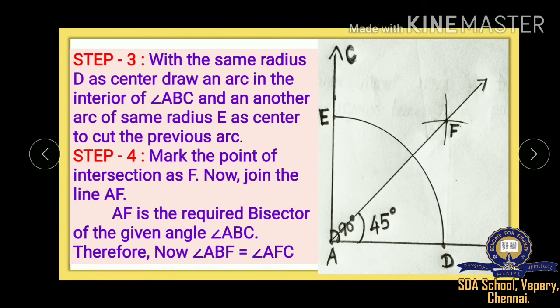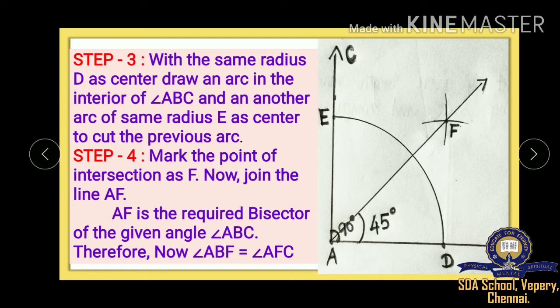With the same radius D as center, draw an arc and don't change. With the same radius E as center, draw another arc. Step 4. Mark the point of intersection as F. Now join the line AF. Finally, AF is the required bisector of the given angle ABC.